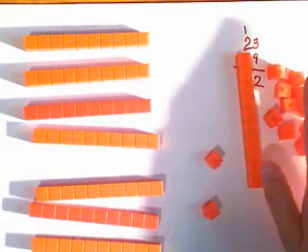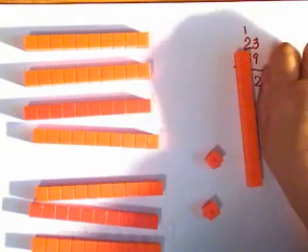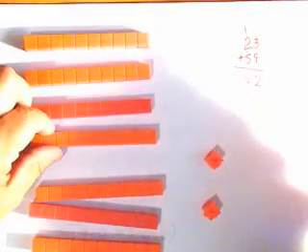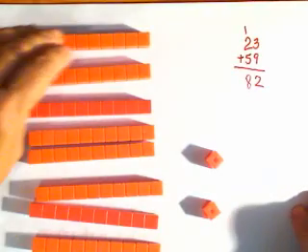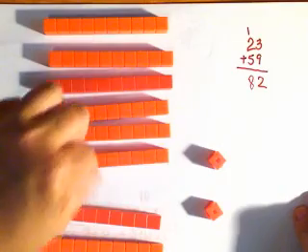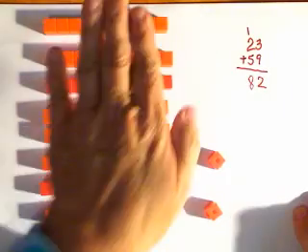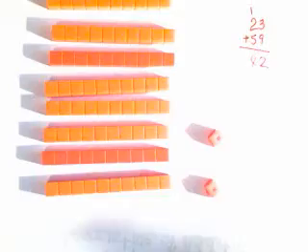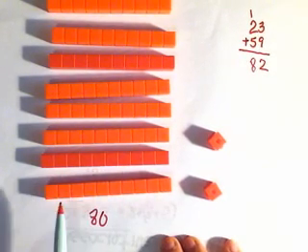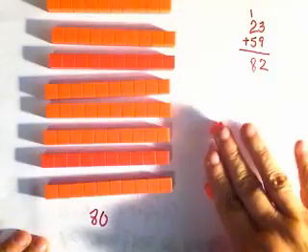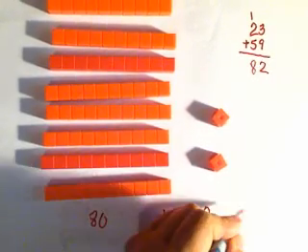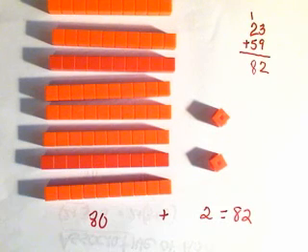Now, the concept of borrowing. Okay, so let's look at 30 minus 18. Let's start out with 30. 10, 20, 30.